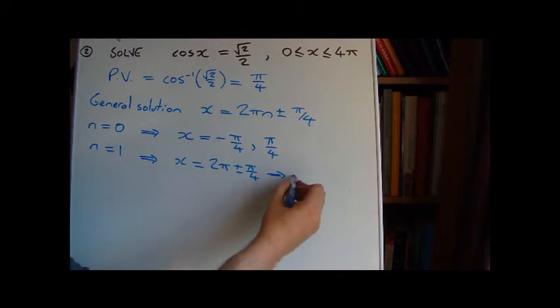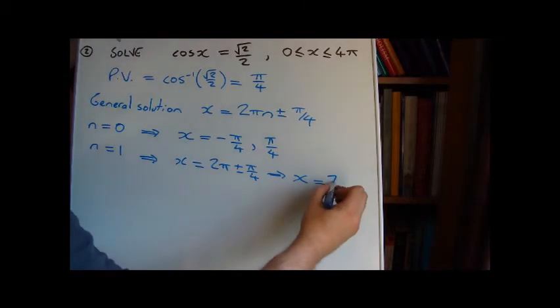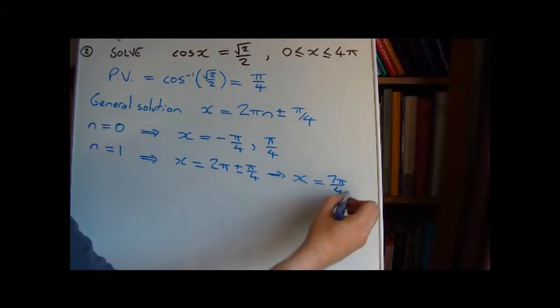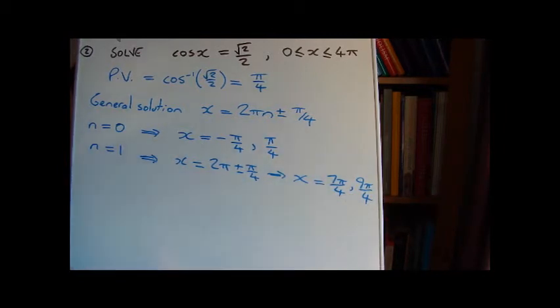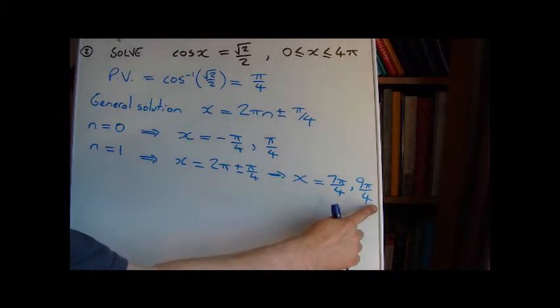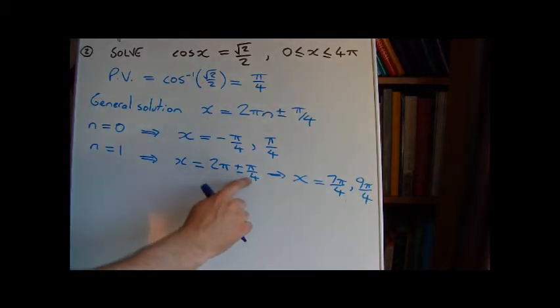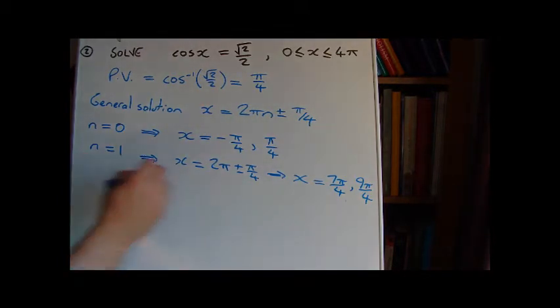So that means the two values of x that we'll get from this are 7 pi over 4 and 9 pi over 4. Okay, 2 pi plus pi over 4 is 9 pi over 4. 2 pi minus pi over 4 is 7 pi over 4. So we keep going. They're both okay.